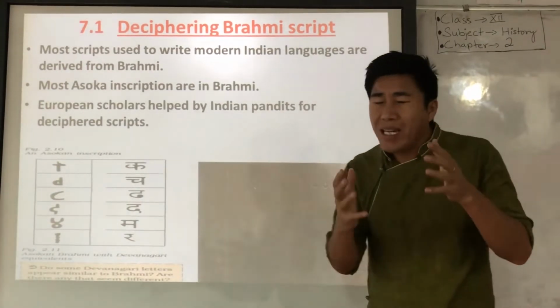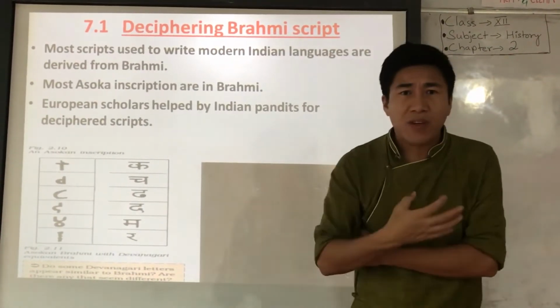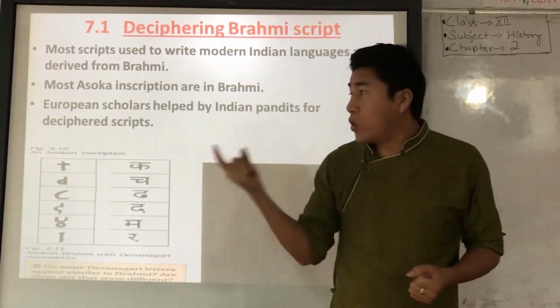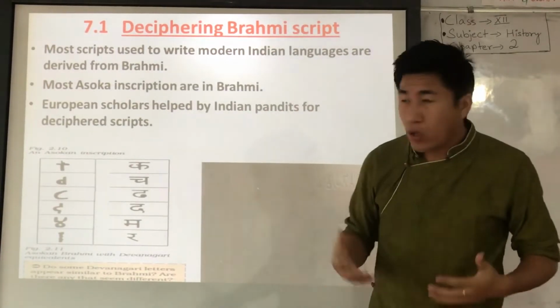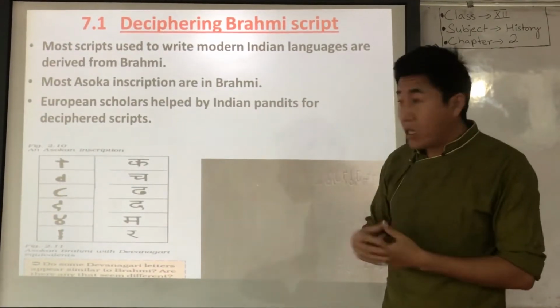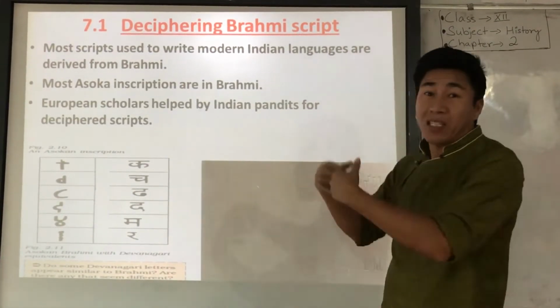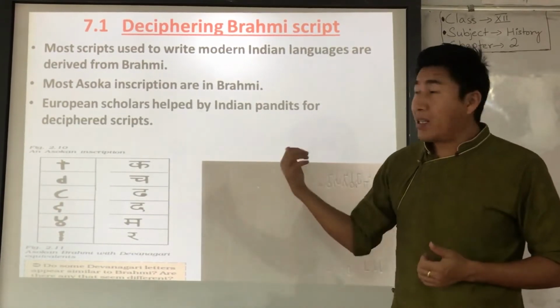It sounds very easy when I say it, but actually it's a very difficult, painstaking task, because to master only one language, one script, it takes almost 15 to 20 years. The Europeans had to learn two different scripts, and on top of that decipher an ancient language. So it's unimaginable work that they've done, right?